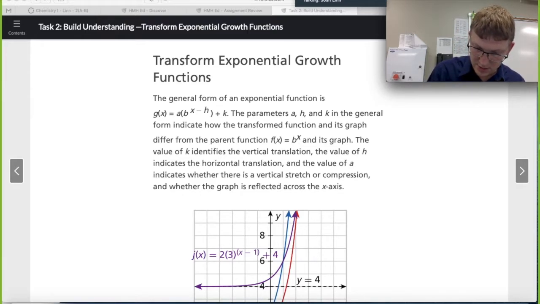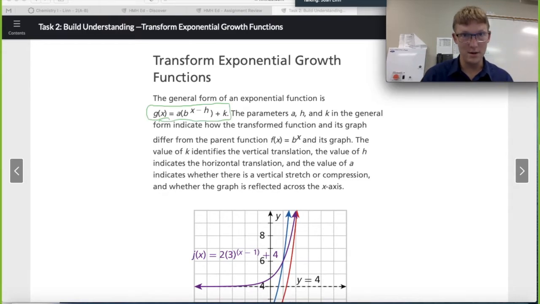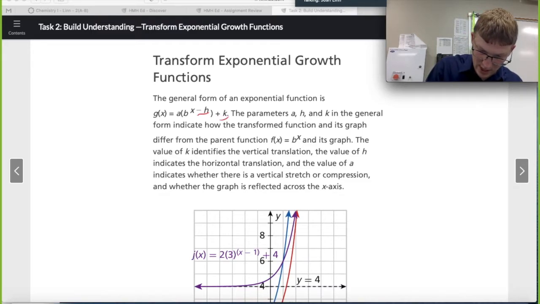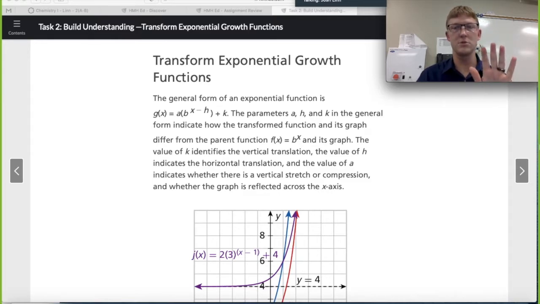It does use the same letters as before, but notice the things like h, k, a, and b. This is how we're going to move this function around, as well as either vertically compress or stretch the function. So these are all the parameters that we're going to be using.